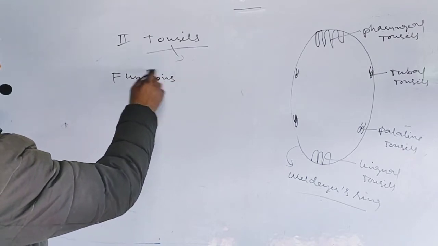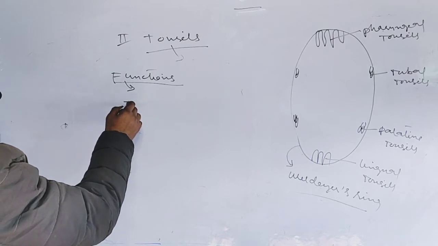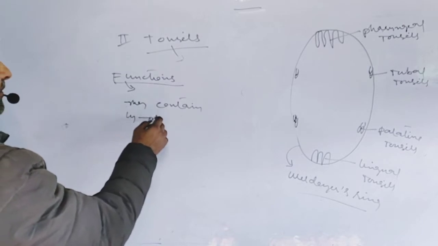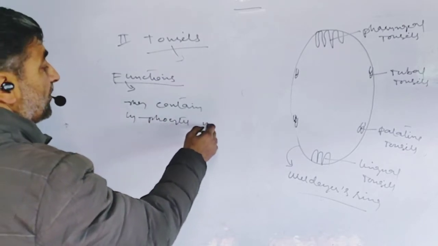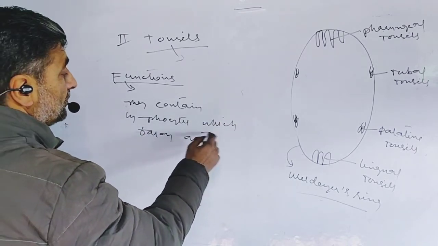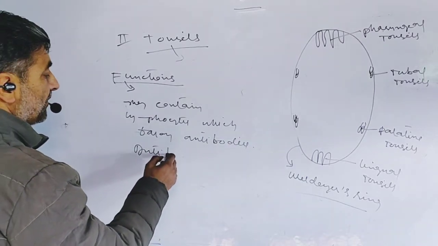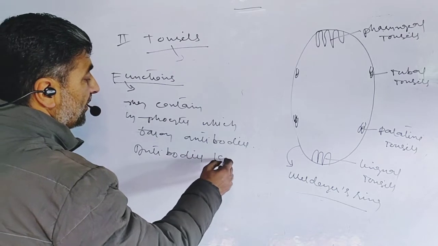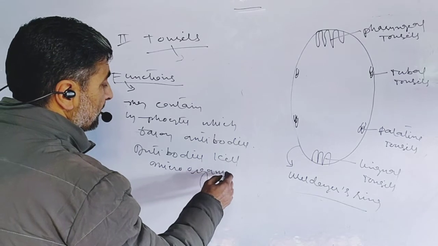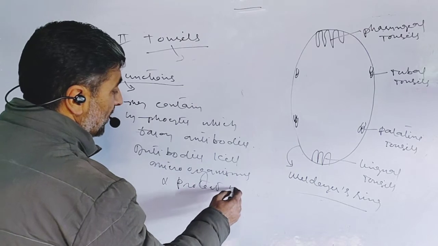Functions of tonsils: they contain lymphocytes, which form antibodies. Antibodies kill microorganisms and protect us from infection.